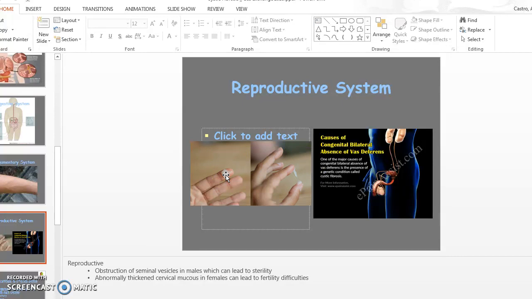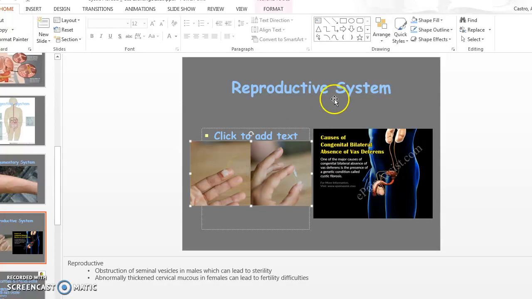And then the thinner it gets, the more willing it is to move sperm along. Kind of how the lungs will move along foreign bodies so long as it's nice and thin. But when it's thick, it doesn't do that. Same thing here. So if you think about that, if cystic fibrosis causes all this thickening of mucus, then we're going to have thickened cervical mucus all the time. And it's not going to want to move sperm up and fertilize the egg.